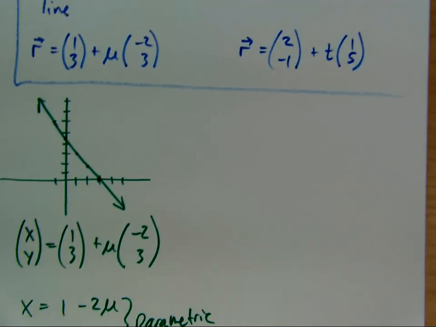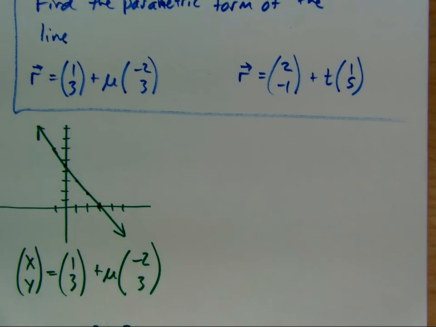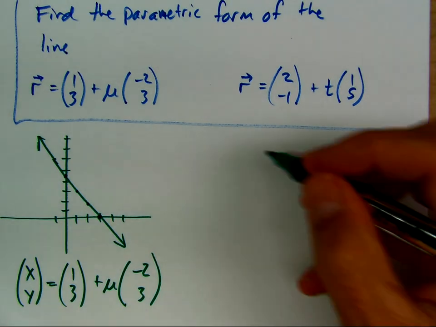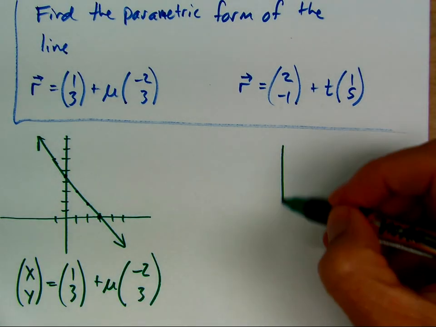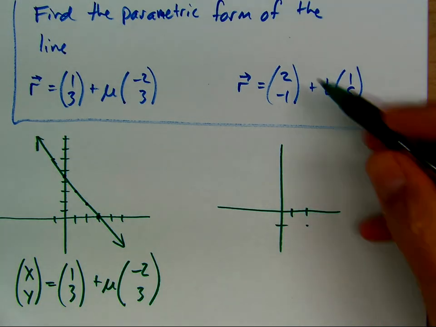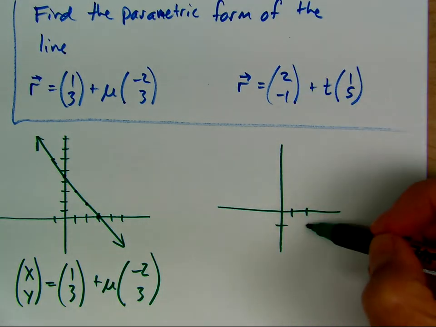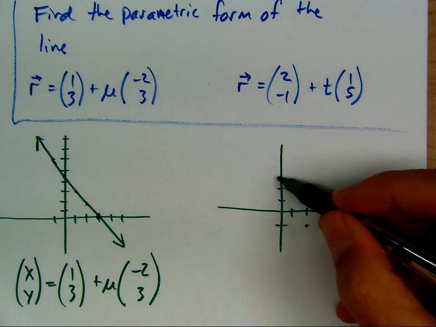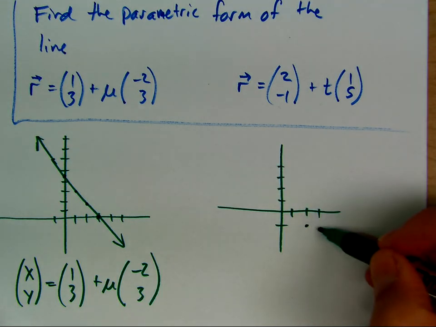Okay, so pause the video and do the same thing with this vector equation. Over 2, down 1 is the start, a point on the line, and from that point we're going to move in this direction. This means over 1, up 5. Over 1, up 5.